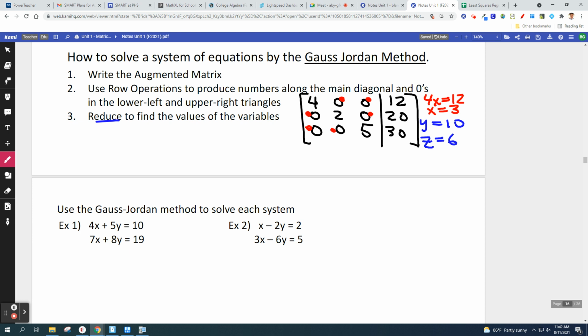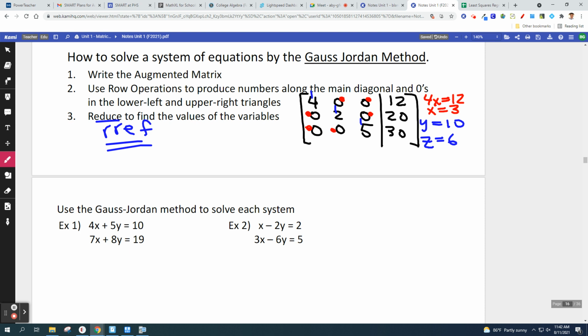Now, when it says reduce, technically what we want is we want 1s here, and that's going to be called reduced row echelon form. That's technically what we want. But if you can get to just numbers like the 4 and the 2 and the 5, we're there. That's the hard part, and that's it.